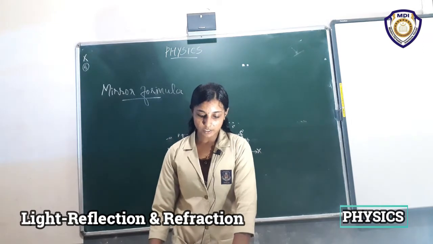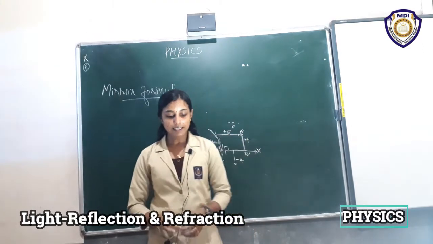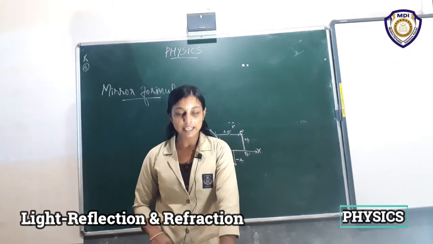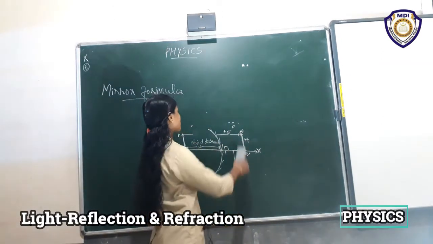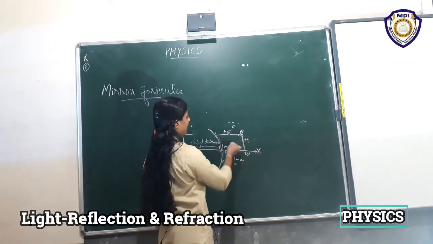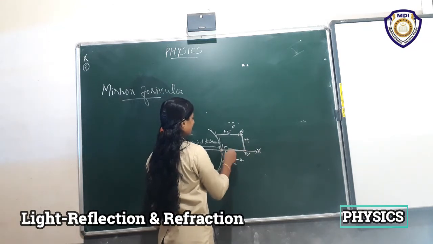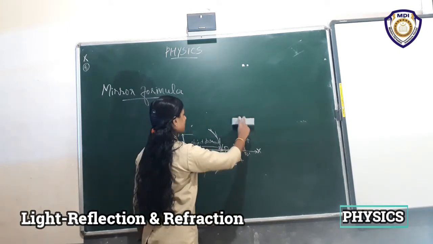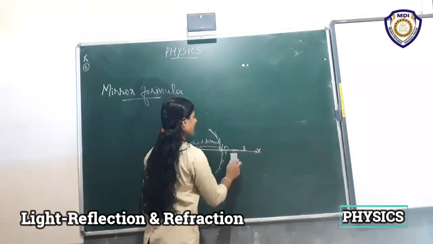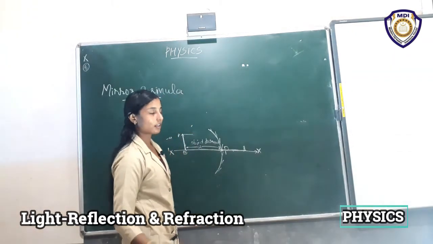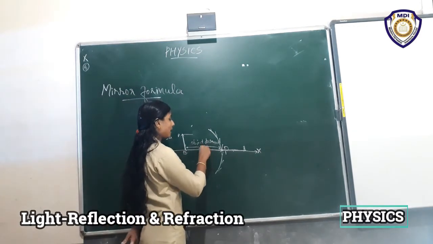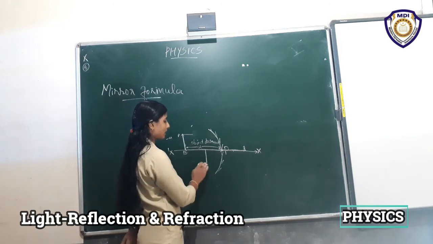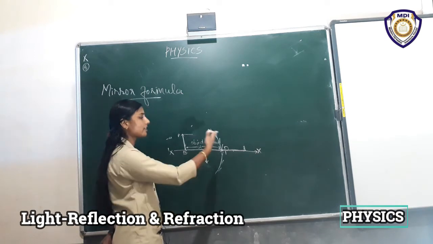The distance of the image from the pole of the mirror is called the image distance. Suppose the image is formed here, then the distance from the pole to where the image is located is the image distance, denoted by V. In most cases of concave mirrors, the image formed is real and inverted. Only in one case do we have a virtual image.